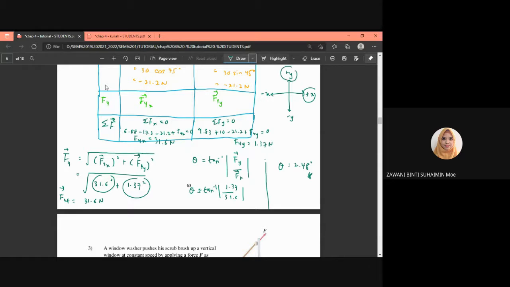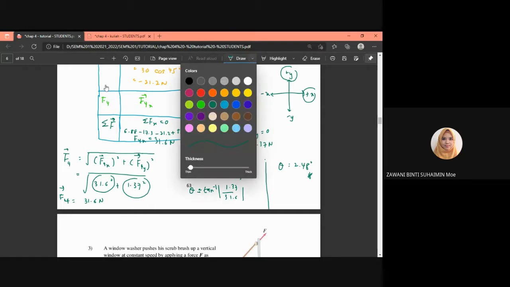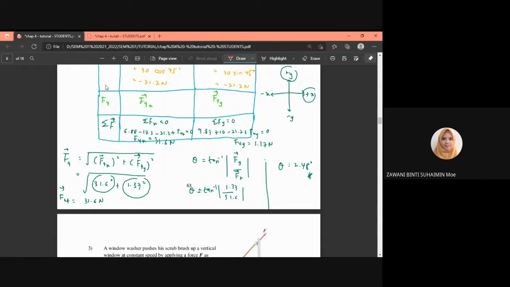Okay, so our angle will be in between the positive Y axis and also the positive X axis. So the vector number 4 will be at this location. Okay, this will be our F4. Okay, the angle here will be equal to 2.48 degree.